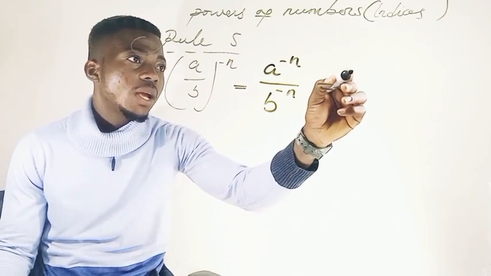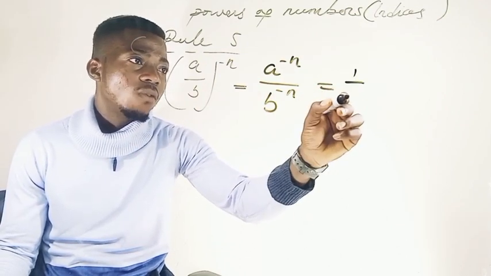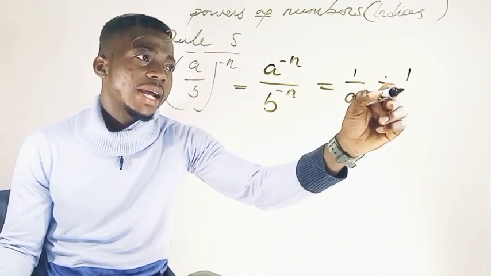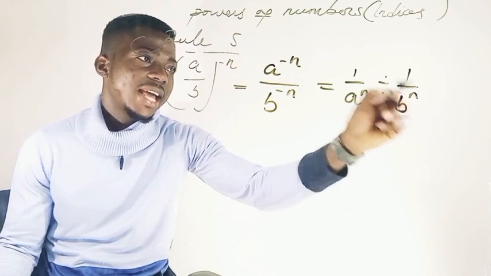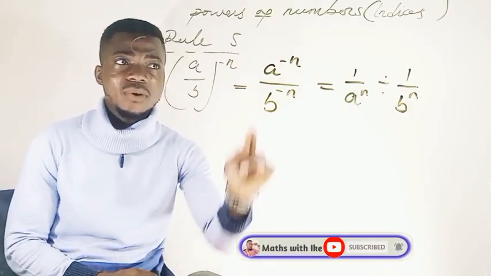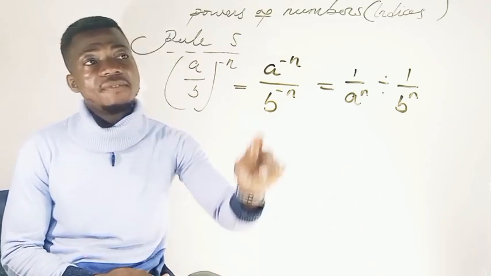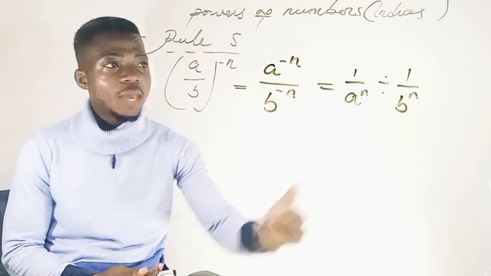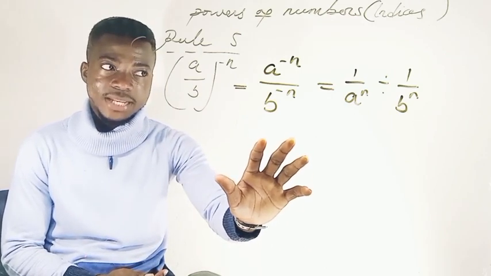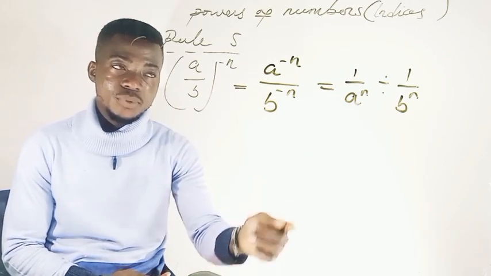So rule 2, we have 1 over a exponent n divided by 1 over b exponent n. Hope you agree. According to the negative index, if you have a exponent negative n, it can be written as 1 over a exponent n, as well as that, right? Good. I'm trying to prove the rule.